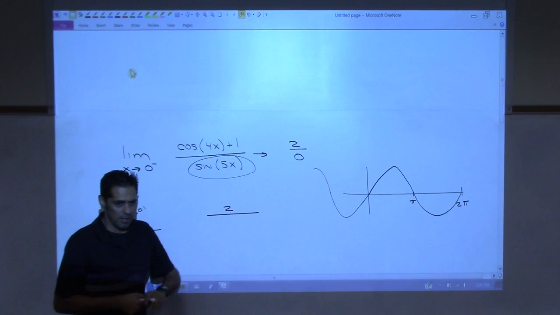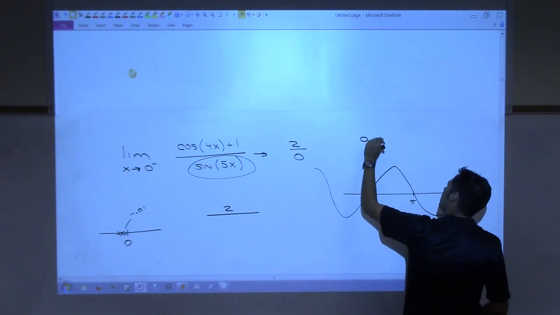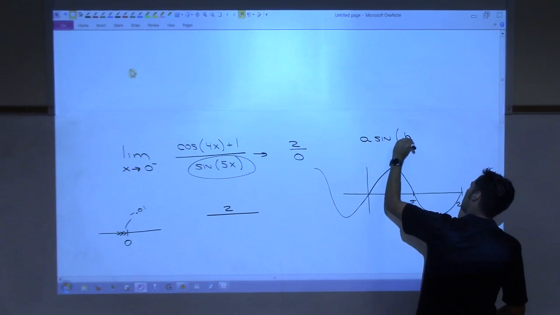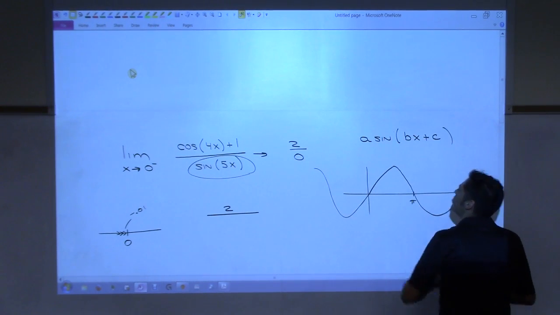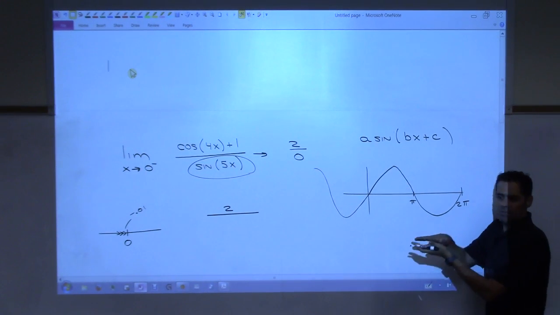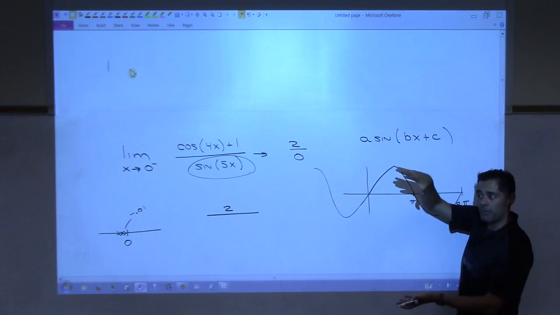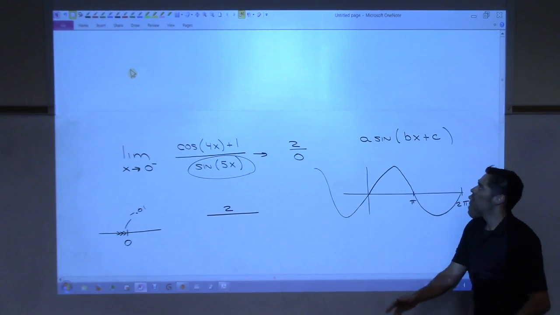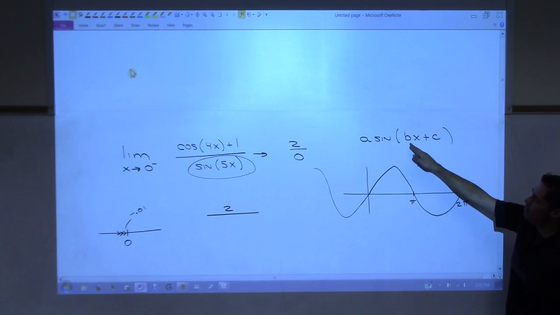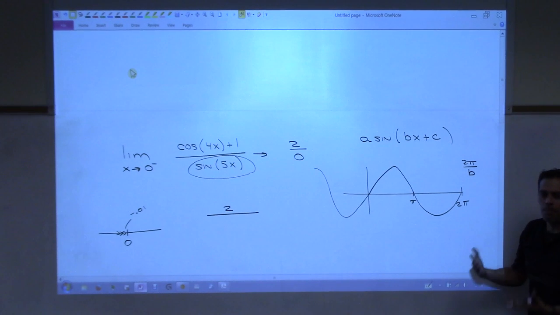All right, so there was a formula that if you had something like sine of bx plus c, that was a general form of a trig sine function, that a was your amplitude. If you make that negative, it flips the whole thing over. The b, if you take 2 pi and divide it by b, that's your new period.